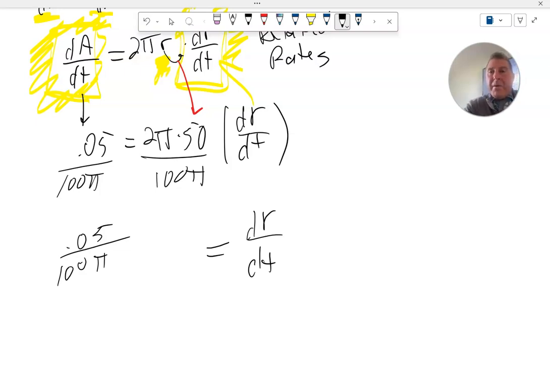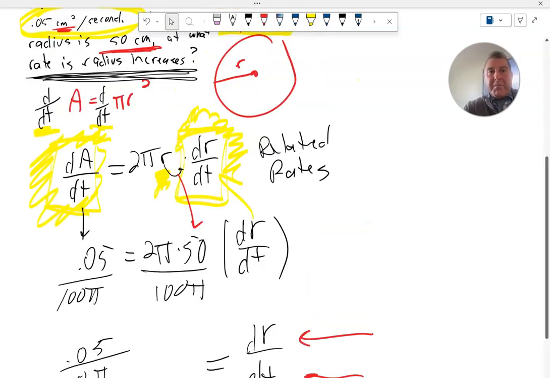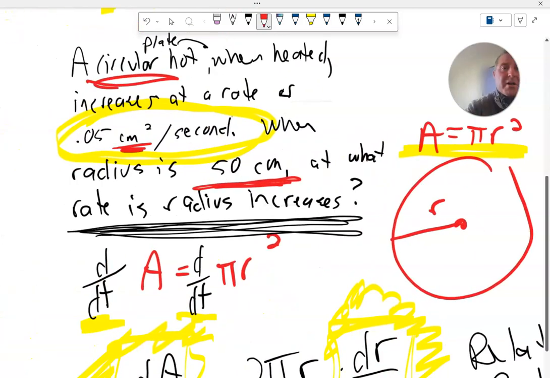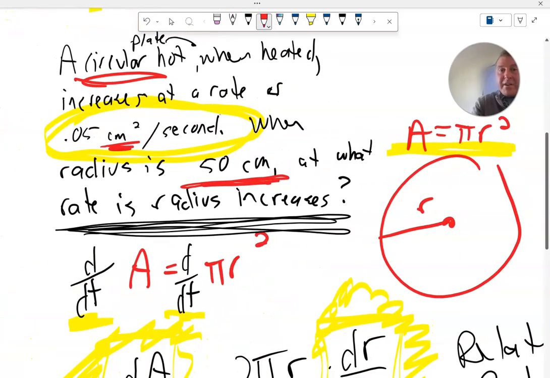Now what I want to add is the label. Note that this is dr, the rate of change of the radius, with respect to t time. So what's the radius measured in? Yes, I am sure, actually. It's centimeters. So the radius is measured in centimeters, and time is measured in seconds.